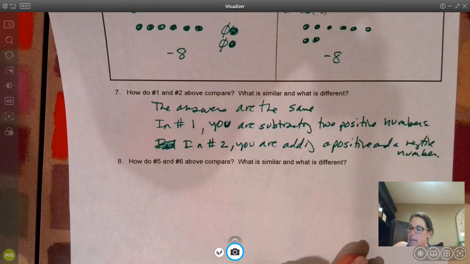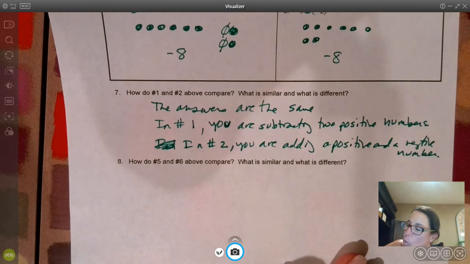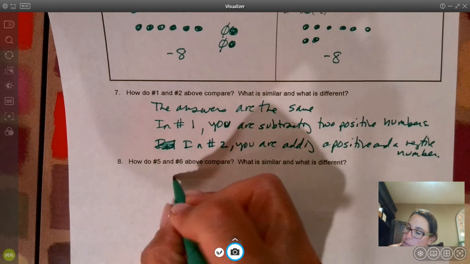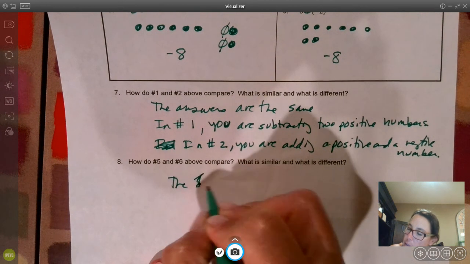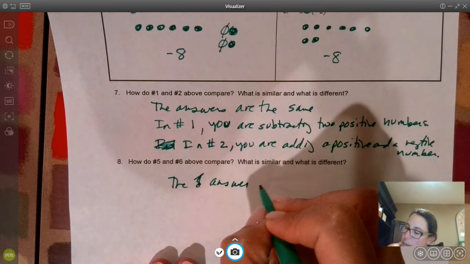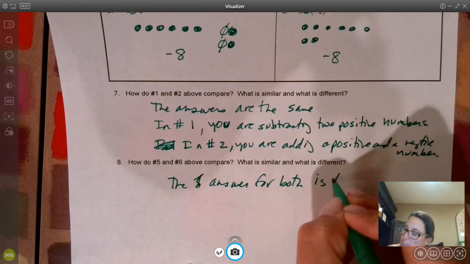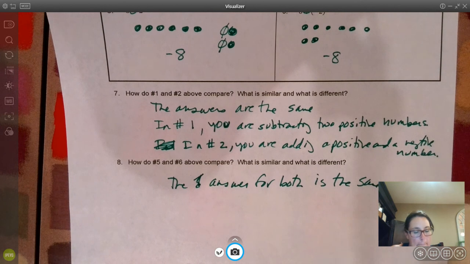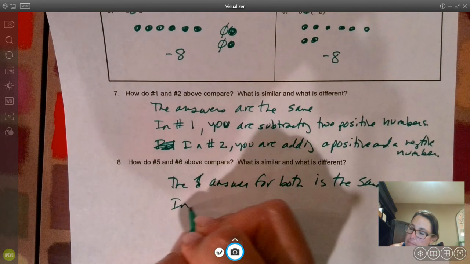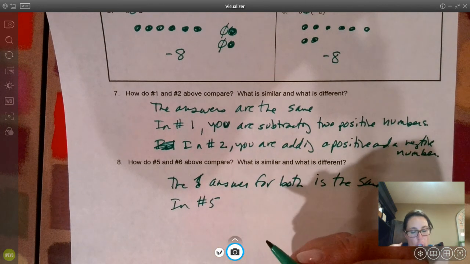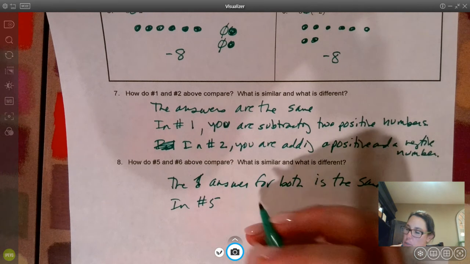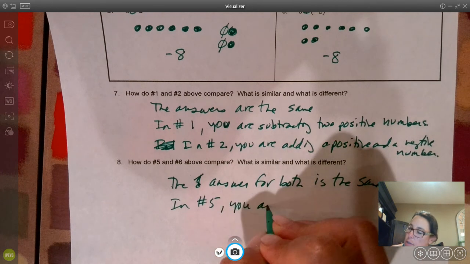Okay, number 8, how do number 5 and number 6 compare? What is similar? What is different? So the answer for both is the same. In number 5, you are starting with a negative and subtracting a positive.